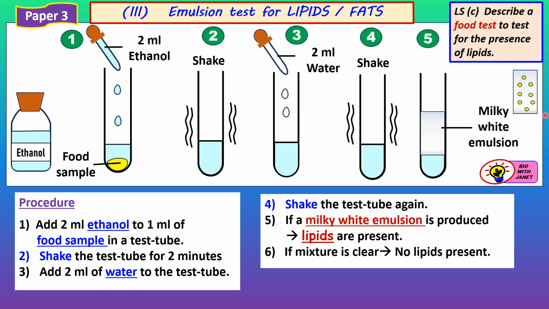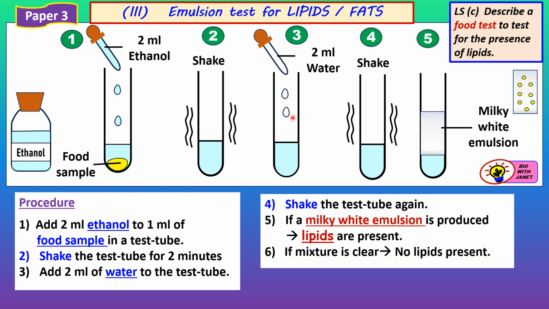Now, what is this milky white emulsion actually? If lipids are present, the lipids will dissolve in ethanol first of all, and they will form tiny droplets when water is added to the ethanol and lipid mixture.